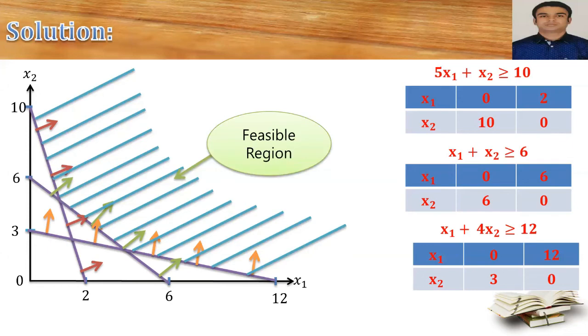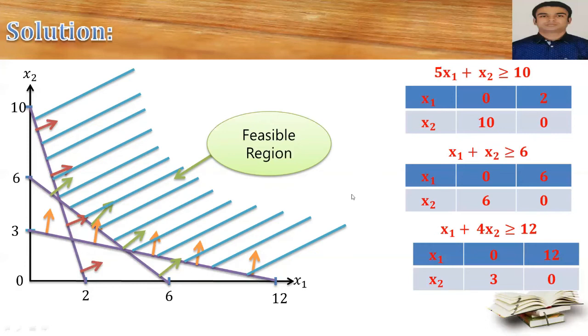Now, our next step is to mark out the corner points. Here, our feasible region is not bounded. This feasible region is bounded with the lower boundary, but not bounded with the upper boundary.